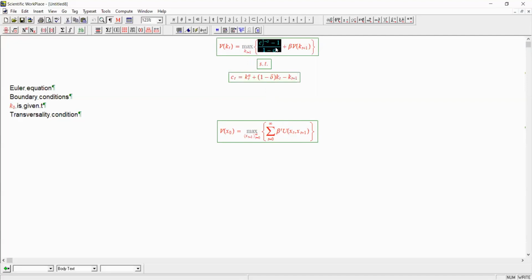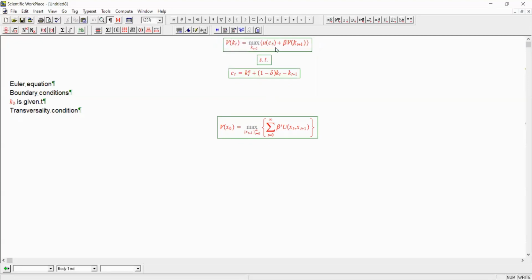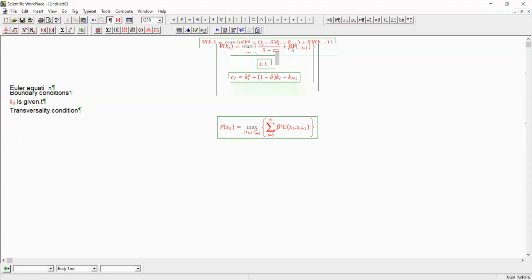Remember, this was u of ct. Now I can replace this in here. And lo and behold, this would then become my big U of xt and xt plus 1, where xt is, of course, capital in this case.